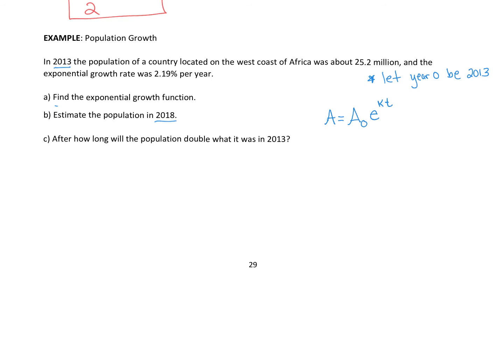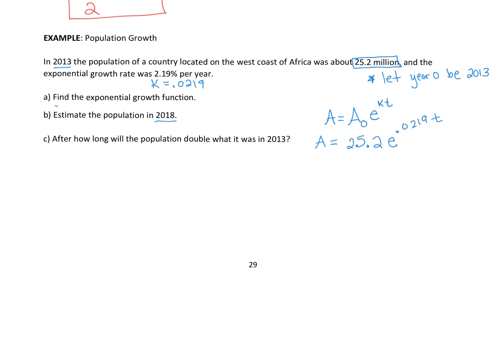We know that our a sub 0, our initial amount, is 25.2 million, and that our growth rate, which is our k value, is 0.0219. Don't forget to change that to that decimal representation of the percentage.